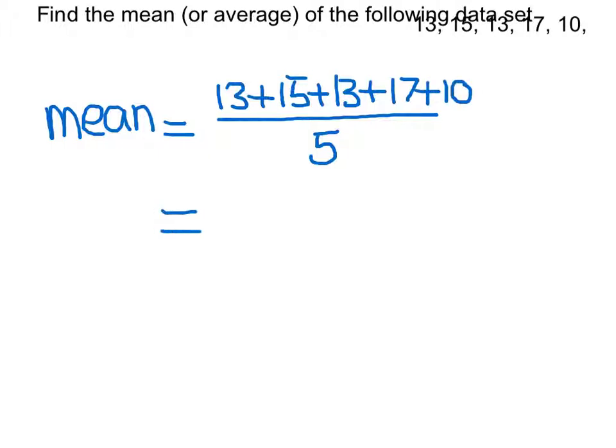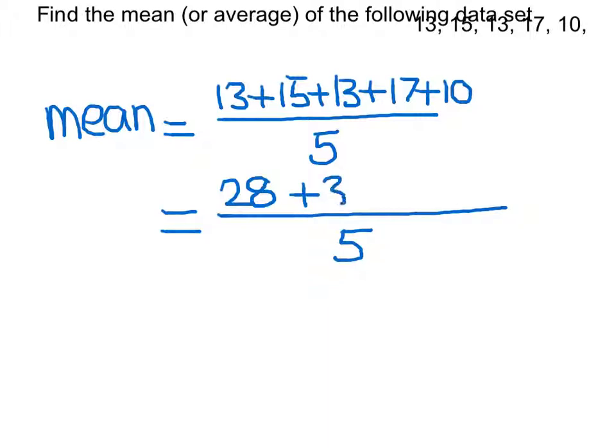And just like last time, because I like to make things easy, I'm just going to add the numbers up in twos. So 13 plus 15 will give us 28. And then the next one, the 13 and the 17, that will give us 30. And we're still left with 10.